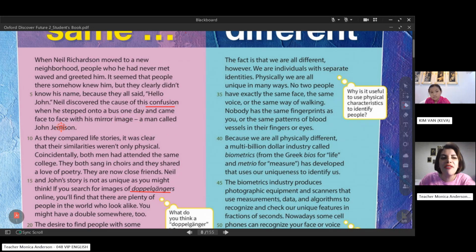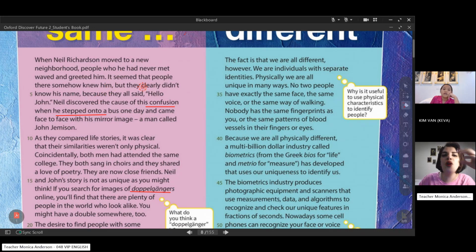He understood when he stepped onto a bus. Step on means to put the feet on. So when you place your foot on the bus, you want to get on the bus. It means he stepped onto a bus one day and came face to face with his mirror image. Just like he was looking at a mirror.